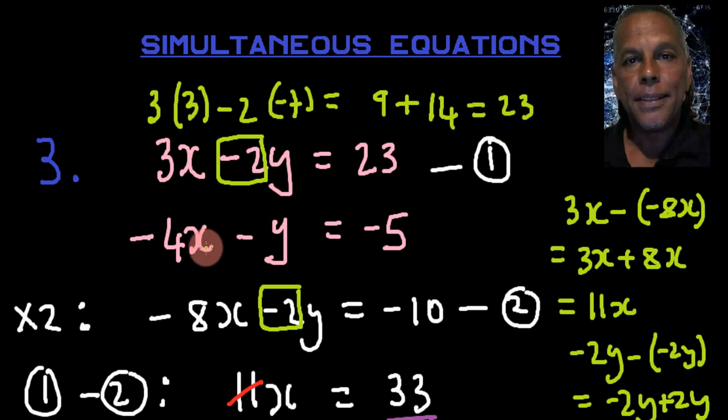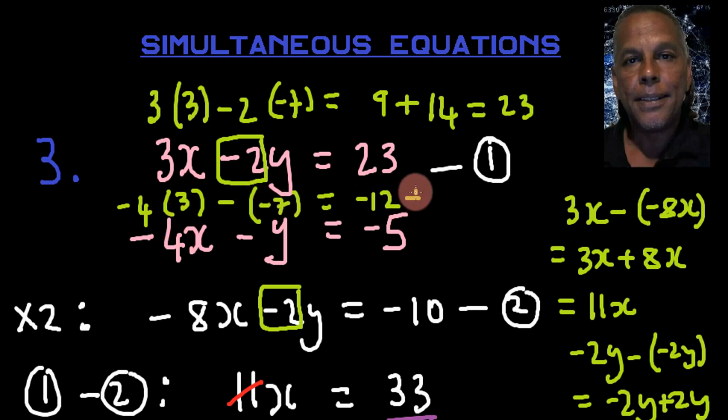Let's plug it into the second equation here. So minus 4 times 3 minus, and y is negative 7, will give us negative 12 plus 7, which does give us negative 5.